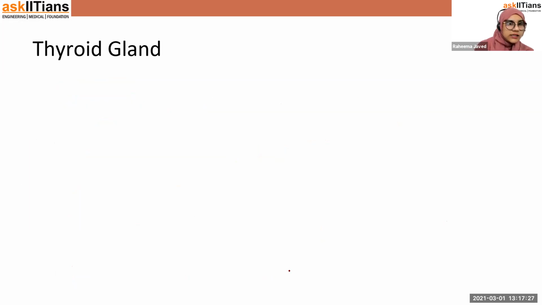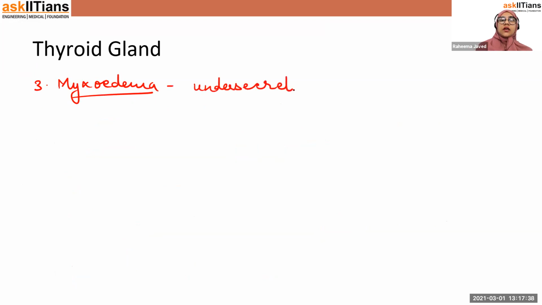Next is myxedema, which is the undersecretion of thyroid hormones in adults.